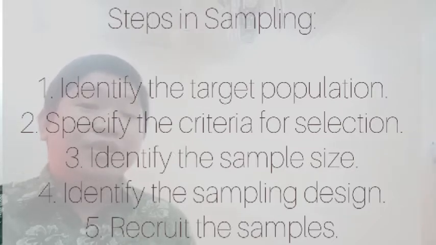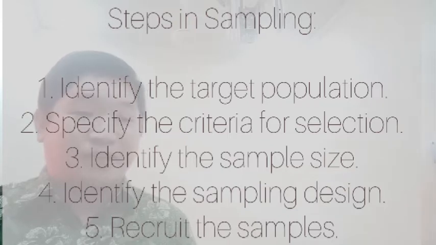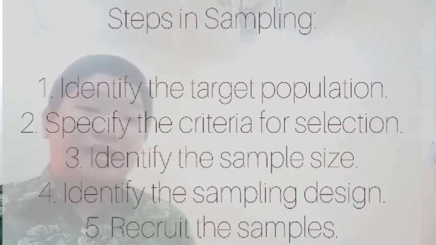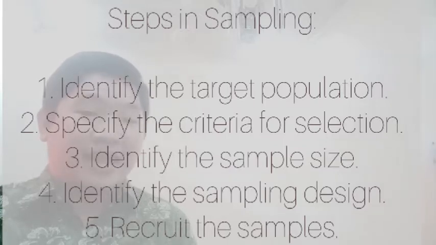However, you cannot do this unless you specify the criteria for selection. How do we specify the criteria for selection? Return to your statement of the problem. Third, identify the sample size and specify the sampling design. Lastly, recruit the samples. Let me give you a few moments to copy the steps.